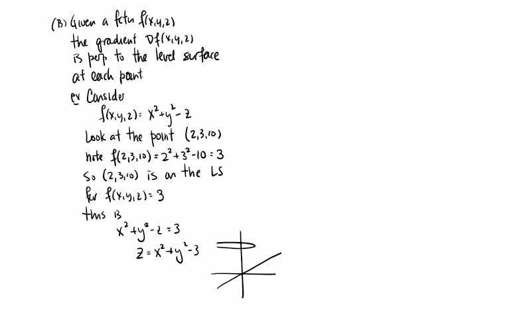It looks like this. So 2, 3, 10 is sort of 2 units in the x direction, 3 in the y, and 10. So it's sort of up here somewhere. We'll have a better picture in a second. That's a bit ugly. Bear with me. There's x, y, and z.